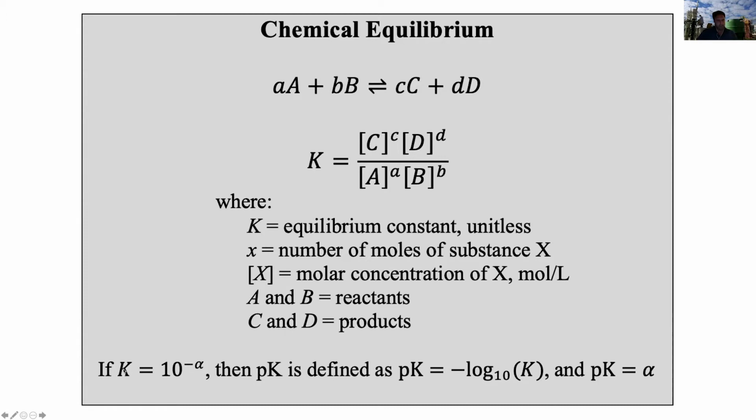So if you see that K, for example, is equal to 10 to the negative alpha, then the notation pK is defined as being equal to negative log base 10 of K. In that case, pK is equal to alpha. And this is the same notation used when we talk about pH and the pH scale, for example. The reason why we use this notation is that sometimes these equilibrium constants are numbers that are very low. And so it might be easier to work with them by using the log transformation.